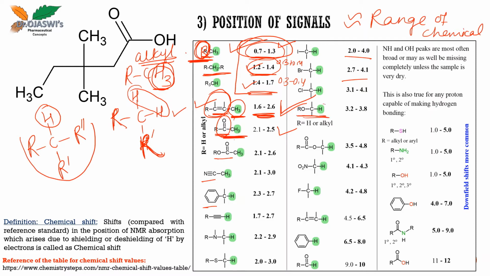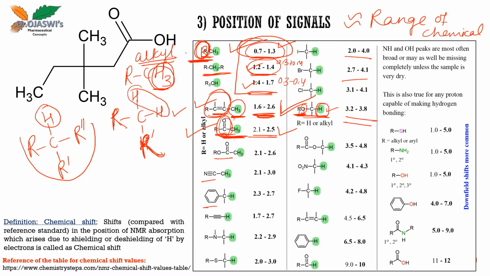If this hydrogen is attached to the substituted carbon, unlike this structure, this carbon is attached to one carbon, and on that carbon there is oxygen. So it is appearing at 2.1 to 2.5, but here oxygen is directly present on the carbon on which the hydrogen is present. So more downfield, 3.2 to 3.8.